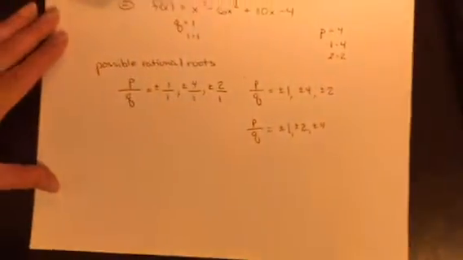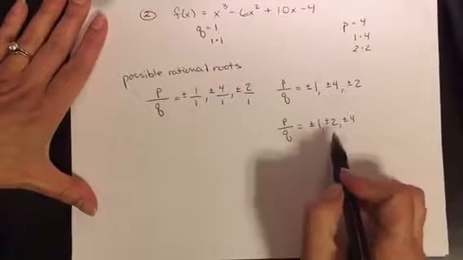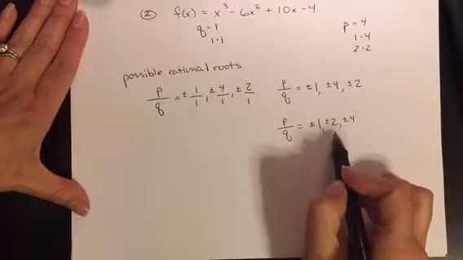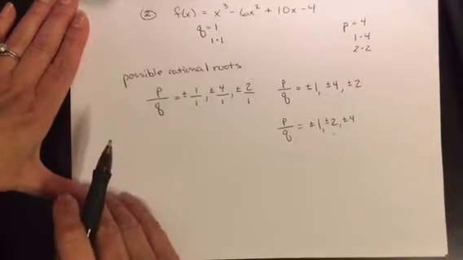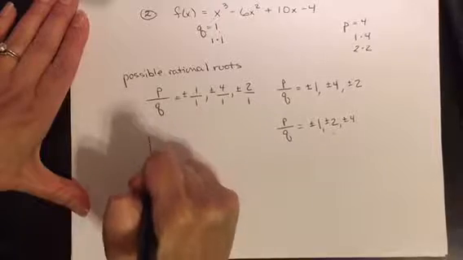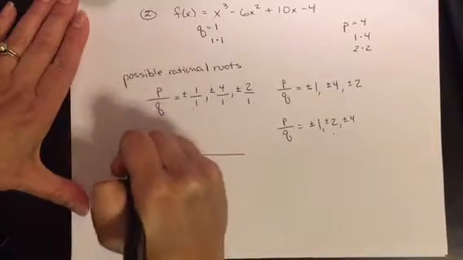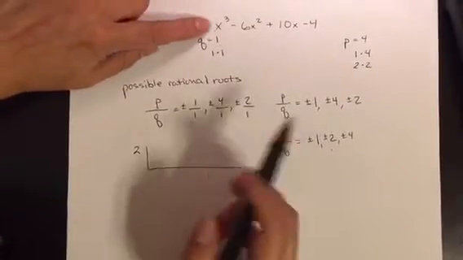So I'm going to put down the calculator, pick back up my pencil here. So I have been told that +2 is a rational root. Now I have to prove that with synthetic division. So I'm going to set up my synthetic division, put my 2 out here, copy in my coefficients.